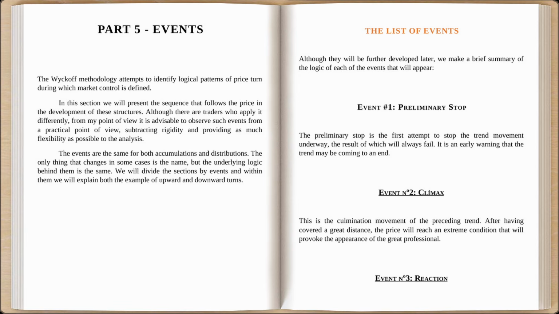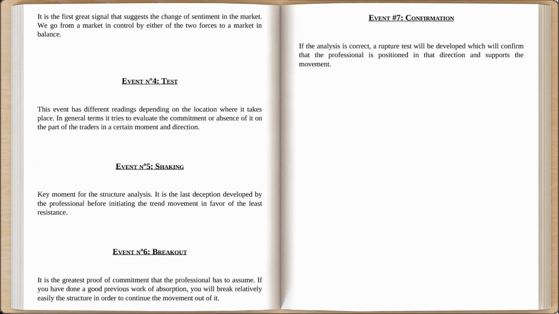This is the culmination movement of the preceding trend. After having covered a great distance, the price will reach an extreme condition that will provoke the appearance of the great professional. Event number 3, reaction. It is the first great signal that suggests the change of sentiment in the market. We go from a market in control by either of the two forces to a market in balance.